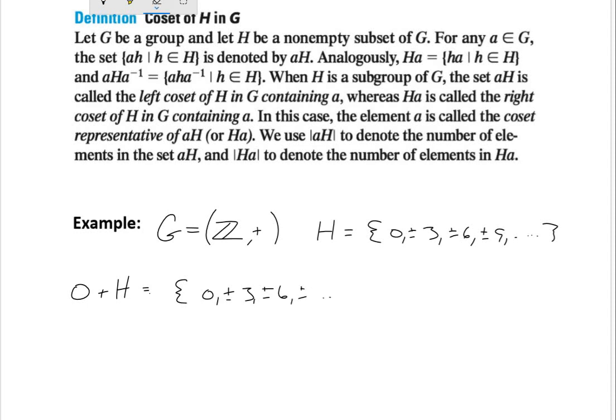6 is the next one. So 0 plus 0, 0 plus 3, 0 plus 6, 0 plus 9, 0 plus 12, and that's all of those.